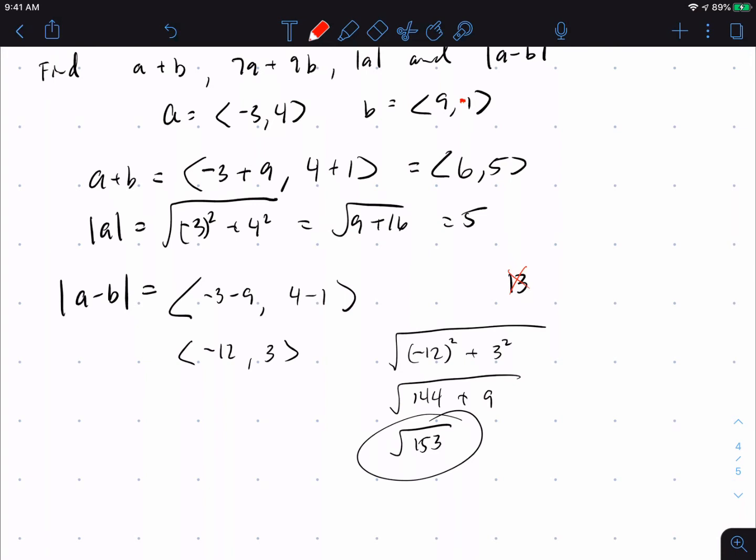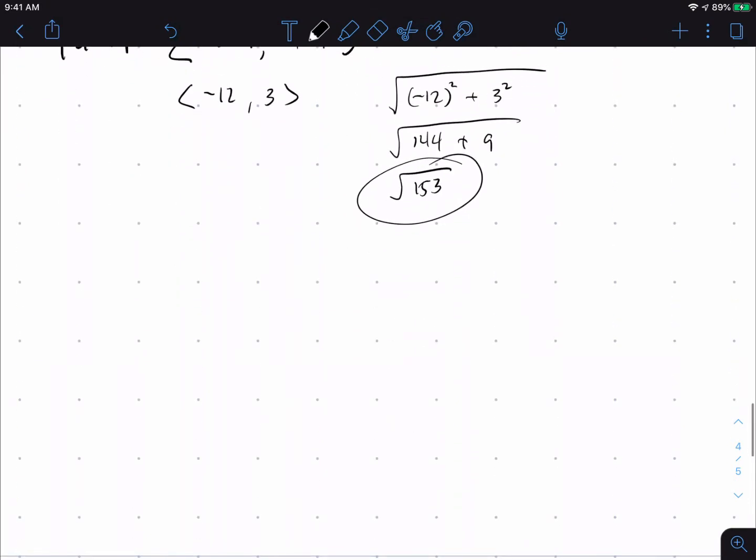Okay, let's do another problem. And don't worry, I'll post these notes right after class. Okay, find the unit vector. So now I'm asking you to find the unit vector of negative 7i plus 4j minus k.